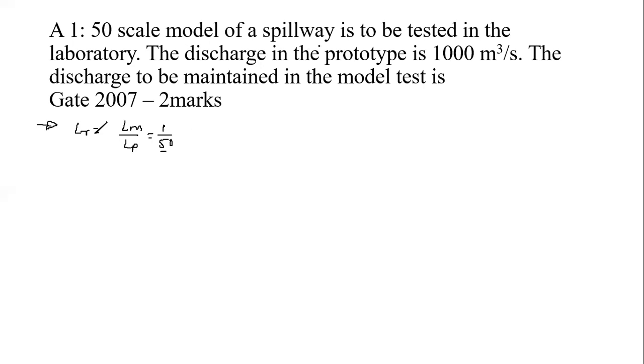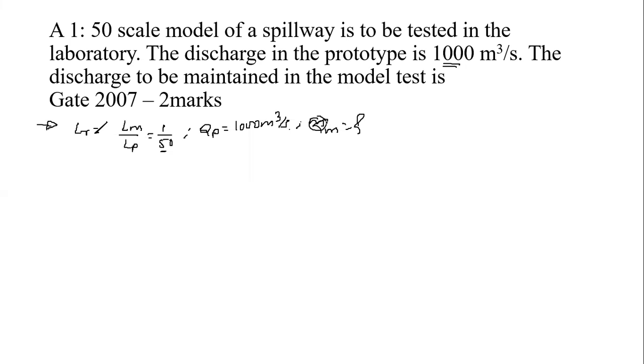Then what is given? A 1 in 50 scale model of a spillway is to be tested in the laboratory. The discharge in the prototype is 1000 meter cube per second. So discharge in the prototype is given as QP equal to 1000 meter cube per second. The discharge to be maintained in the model, that is QM, they have asked.